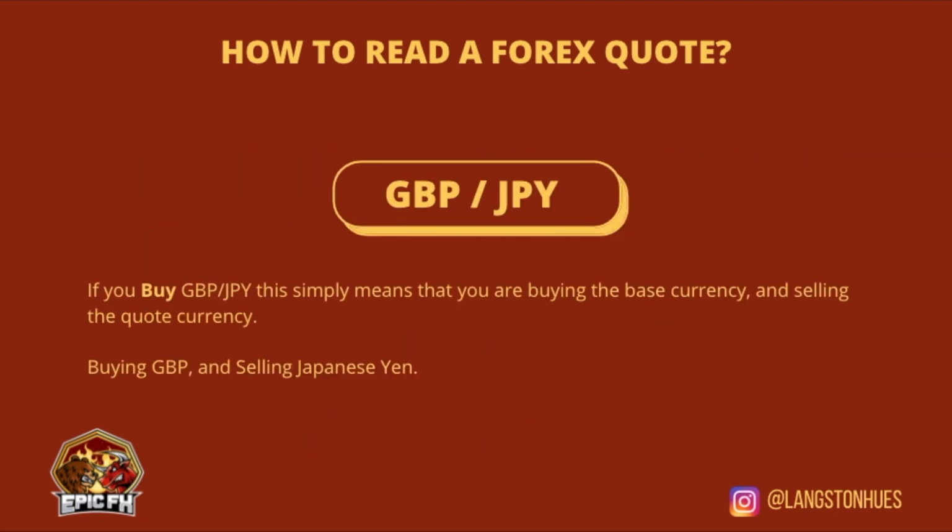In this example, we have GBP JPY, British Pound, Japanese Yen. If you buy GBP JPY, this simply means that you are buying the base currency, British Pound, and selling the quote currency, Japanese Yen. Buying GBP and selling Japanese Yen.